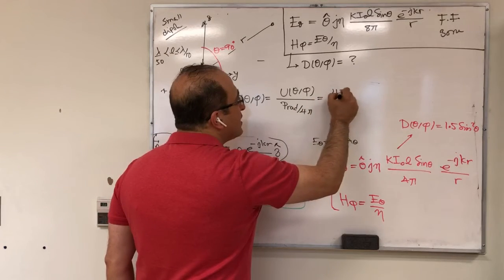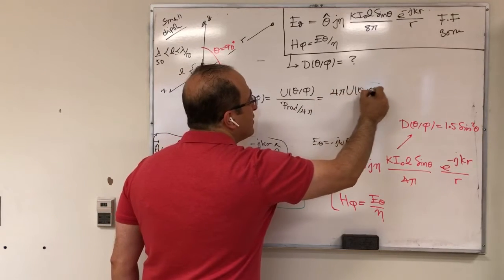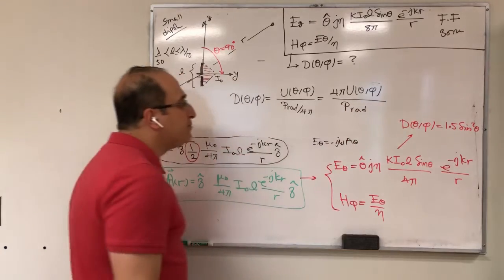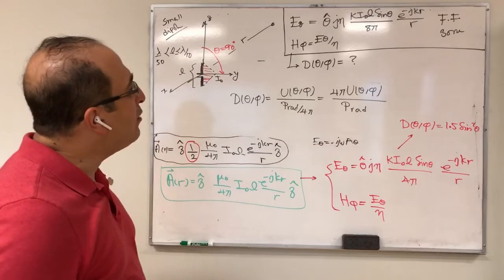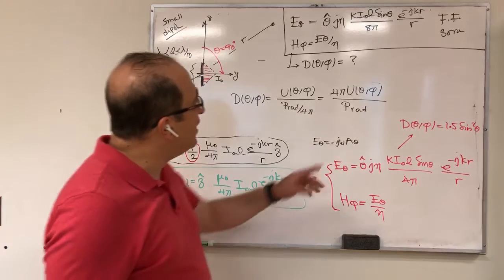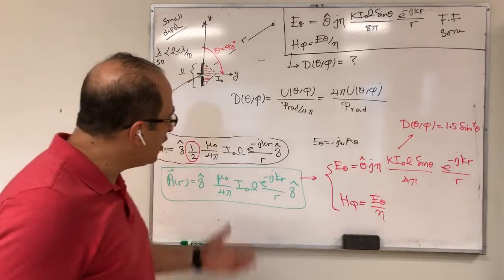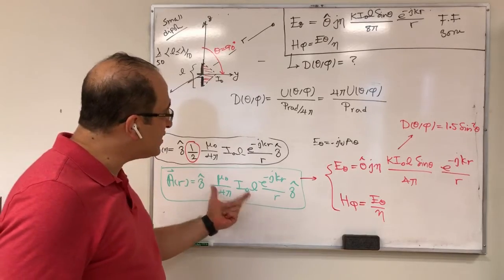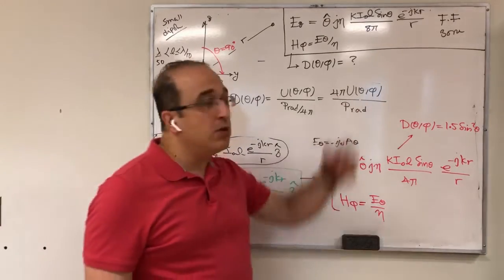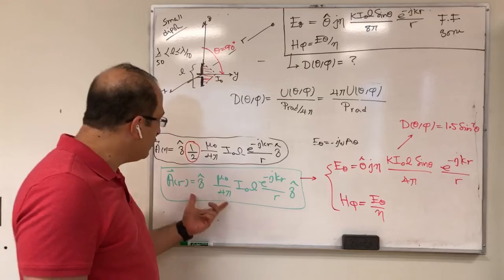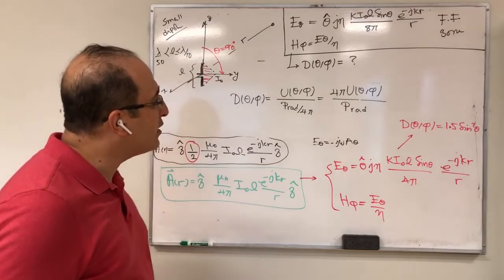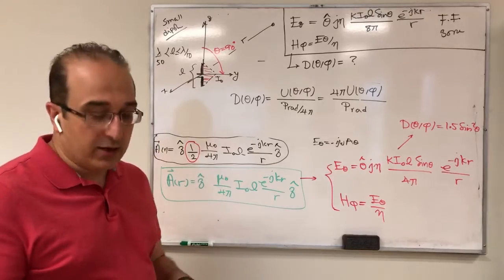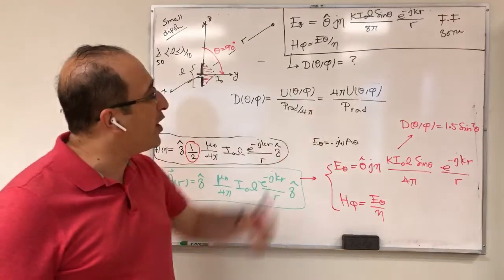So you can write it as 4 pi U theta and phi over P radiated. Now, for the infinitesimal dipole antenna, in fact, we derived the U. What would be the U of a small dipole antenna?